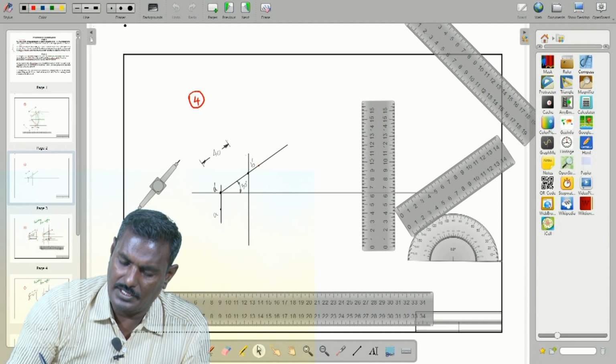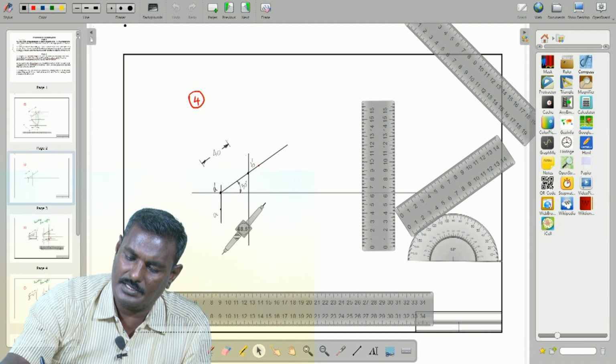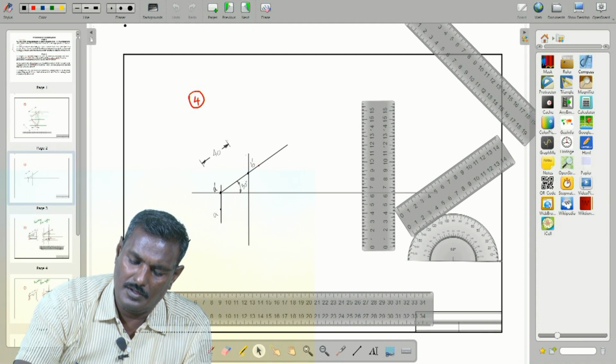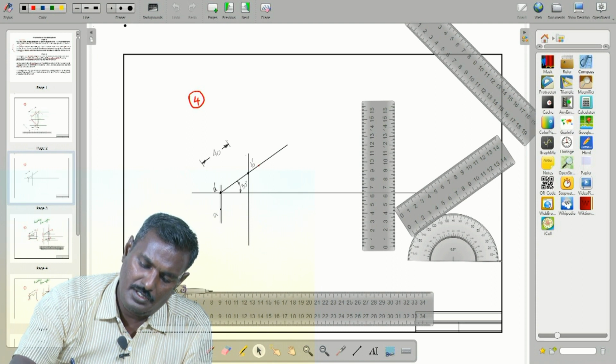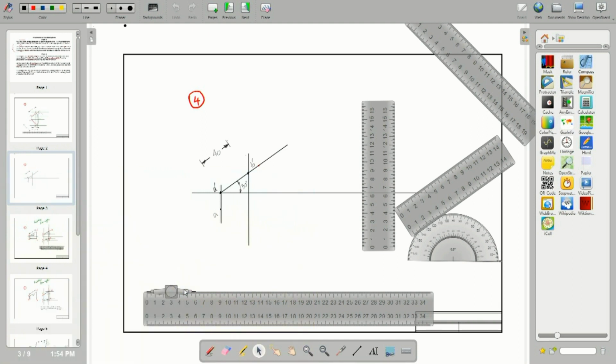So now take the scale, placing over here and measure 60 mm. After measuring 60 mm, move this. Could you understand?